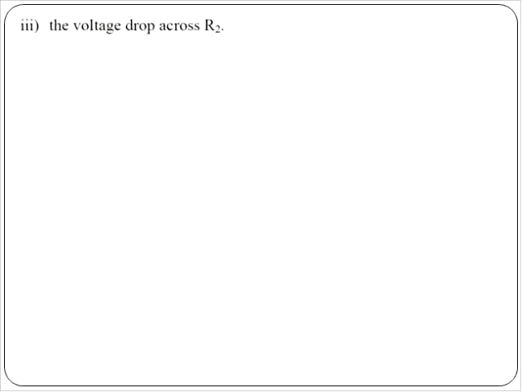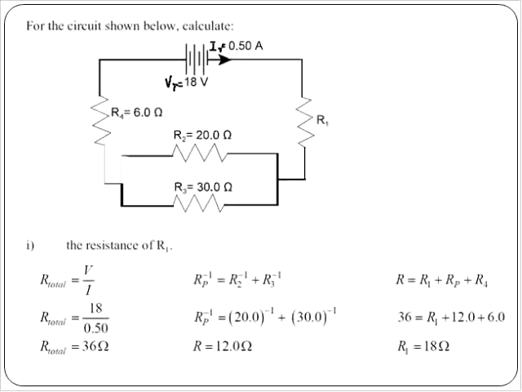So in this one, another part of the question asked for the voltage drop across R2. If we go back and look at our circuit, R2 is here. I want to know V2. Well, V2 and V3 are both the same.